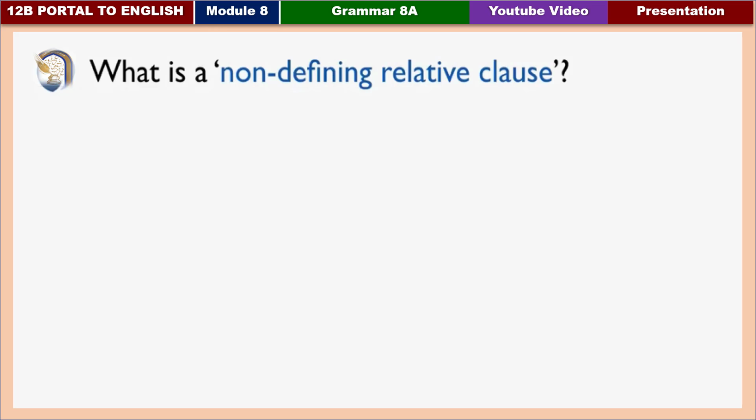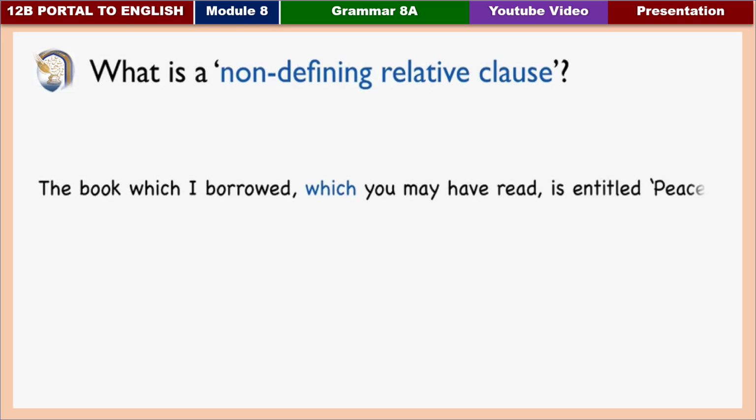Let's look at another example. The book which I borrowed, which you may have read, is entitled Peace. Let's drop the non-defining clause, which you may have read, and we'll end up with: the book which I borrowed is entitled Peace. The sentence is still complete.